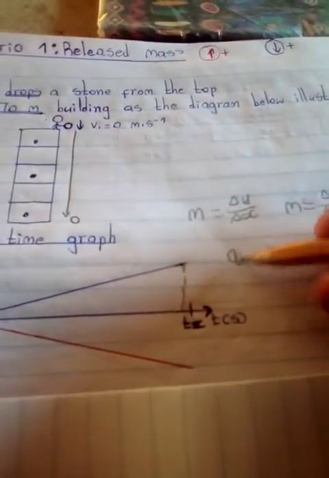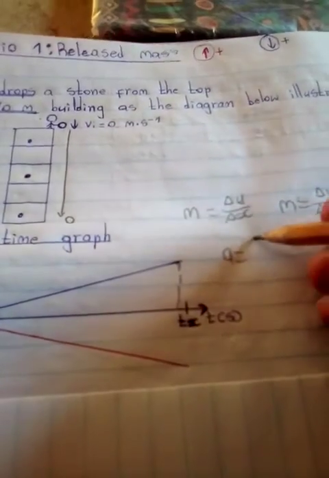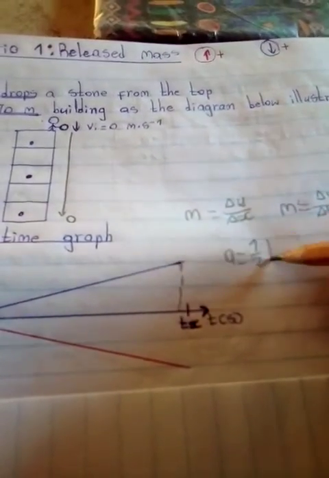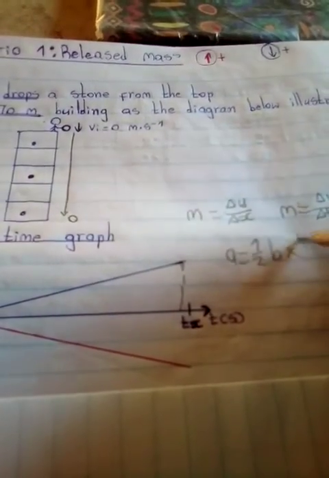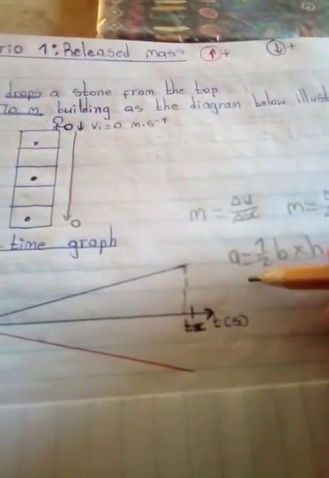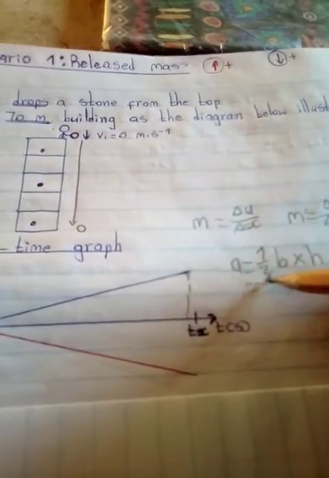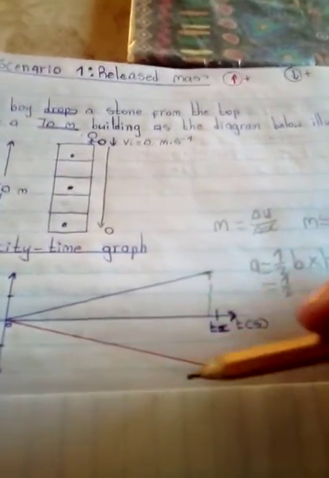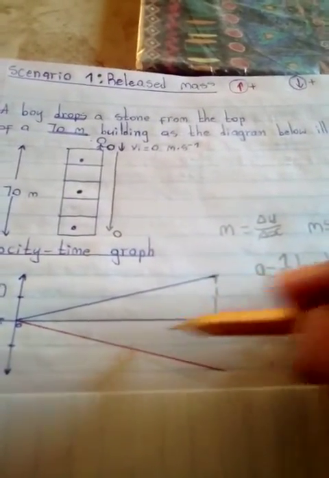We know that the area of a triangle is equal to half base times height. In this case, what is our base here? Our base is time.